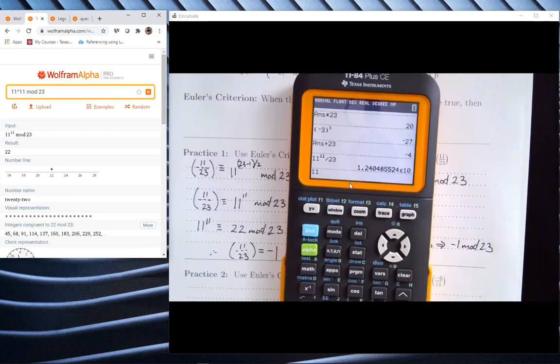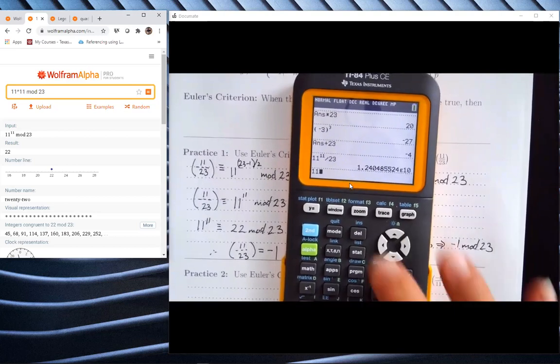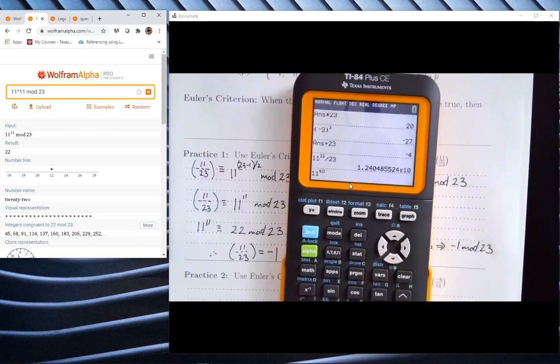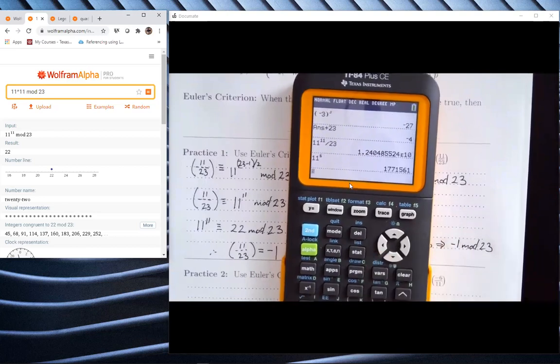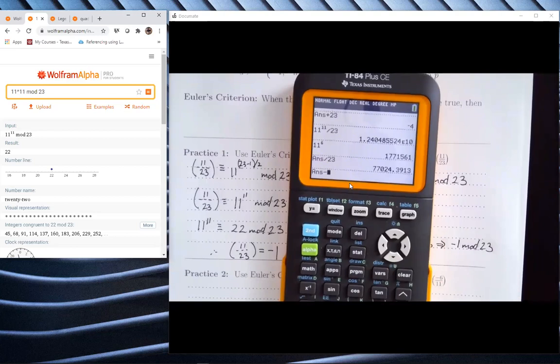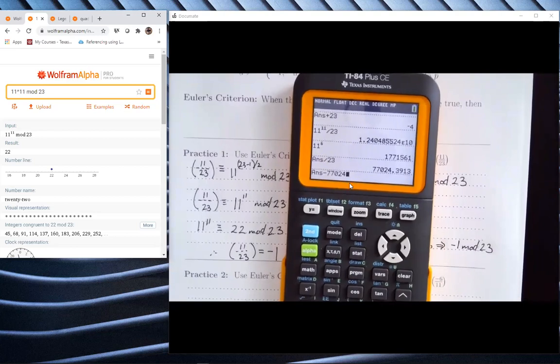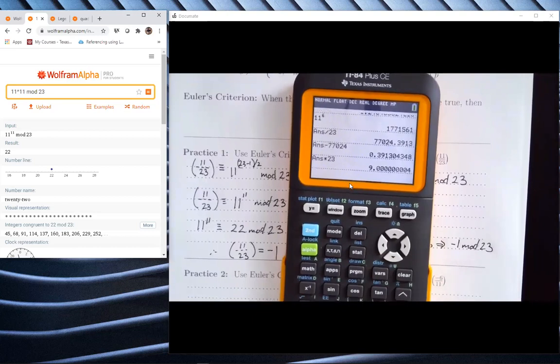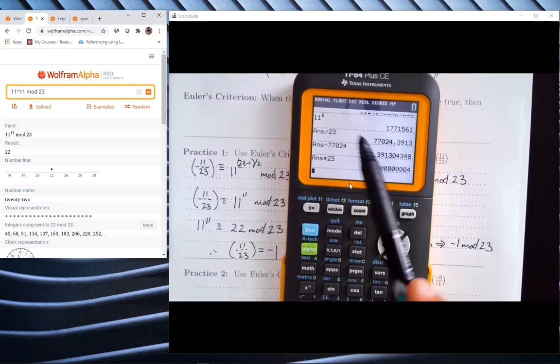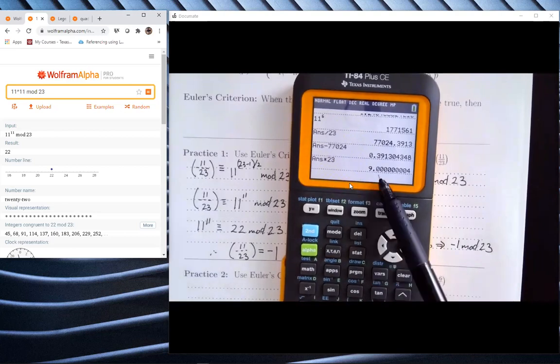In fact, if I want 11 raised to the 6th power, right, divided by 23, subtract the 77,024, right, and multiply that number by 23, I would see that 11 to the 6th power leaves a remainder of 9 on division by 23.